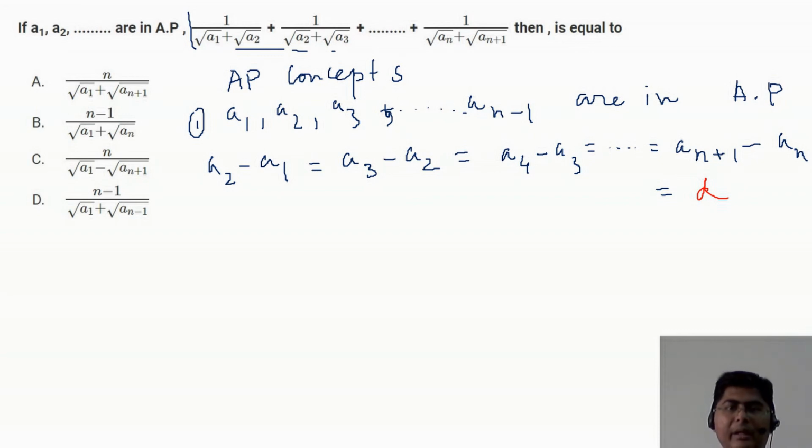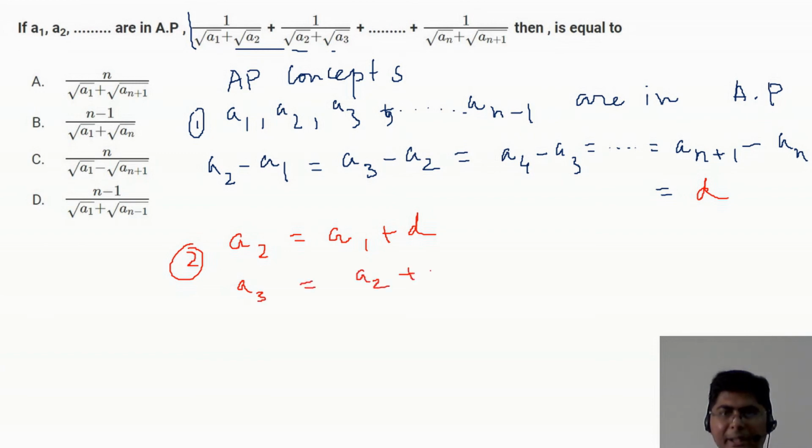Now the other concept. What is the value of a2? We can say a1 plus d. Now a3 should be how much? a2 plus d. What is the value of a2? a1 plus d, which means a1 plus 2d.